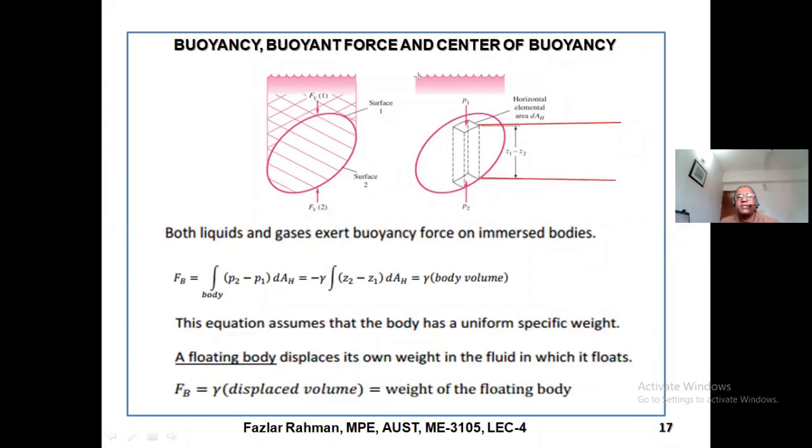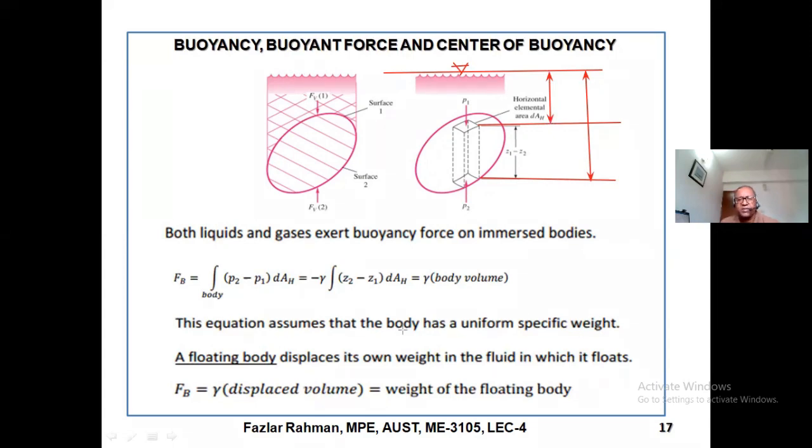If I think this is the top surface of the water, then obviously the bottom portion pressure will depend on this height. Say this one is Z2, and the top surface pressure depends on this much distance, right? So how much will be the pressure over here?